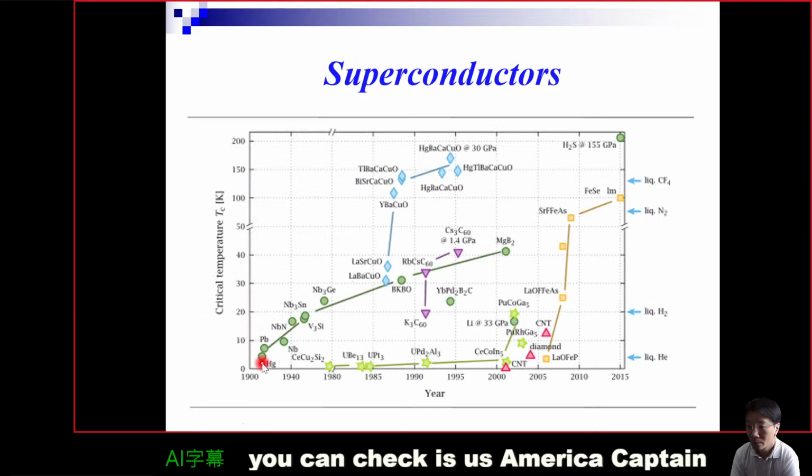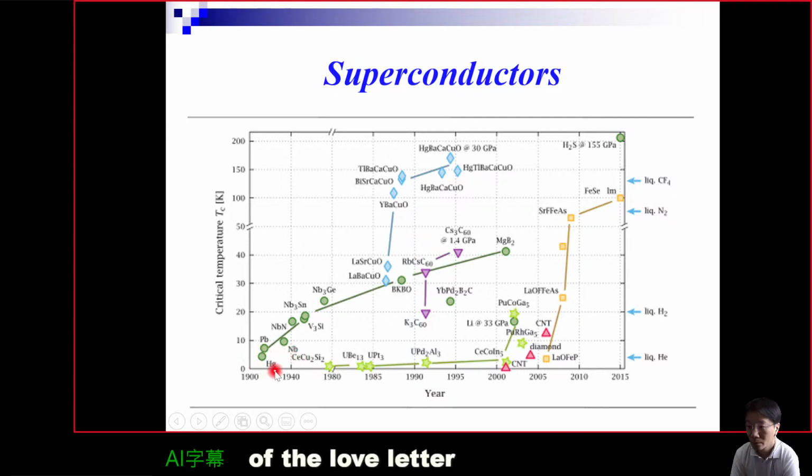So here is the history of the discovery of the superconductor. The first superconductor began in 1911. This is because of Onnes, who was the first one to liquefy helium.